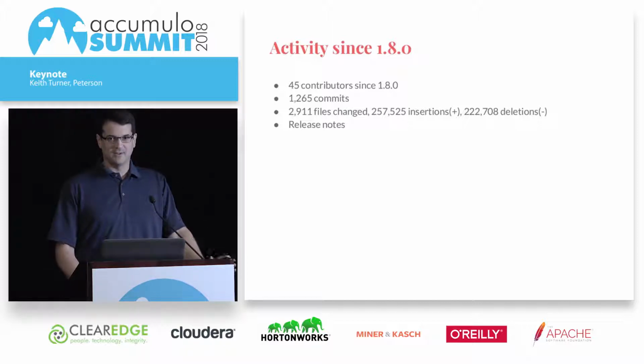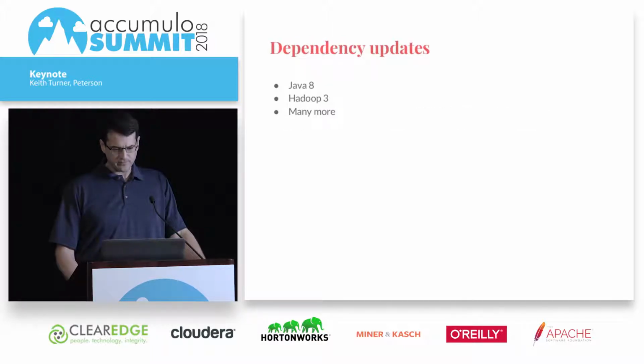If there's something you thought that I should have covered in 2.0, just keep it in the back of your head, and we can discuss it at the end. So there were a lot of dependency updates for Accumulo 2. The two that most people are probably going to care about are Java and Hadoop. Those are minimums: minimum Java 8, minimum Hadoop 3.